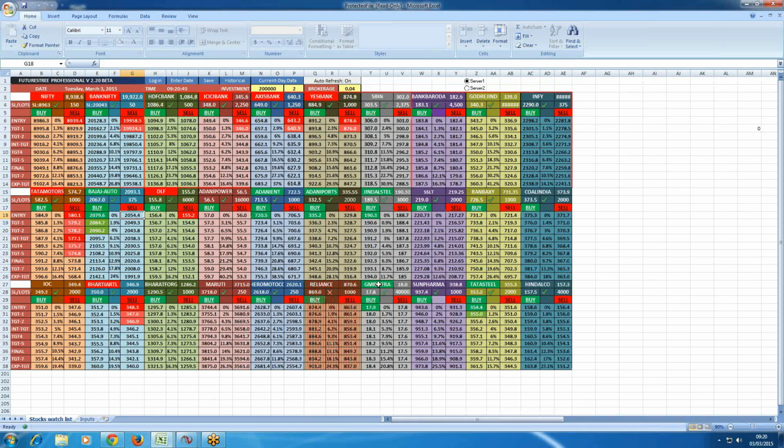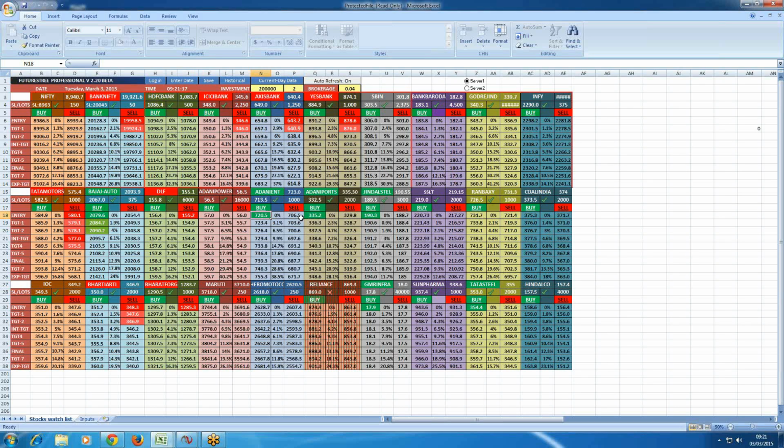So we have a buy call in GMR Infra. We have a buy in Tata Steel. So ICICI, Axis and Yes Bank, all three are sell calls. Bharat Forge is a sell call. You can see that down. DLF is a sell. Adani Enterprises, we have a buy call.